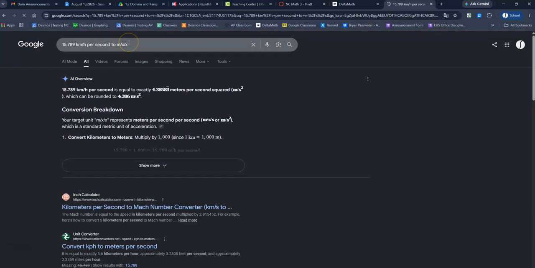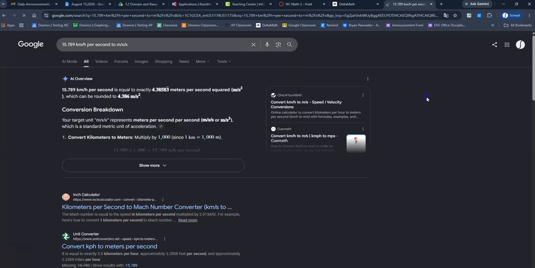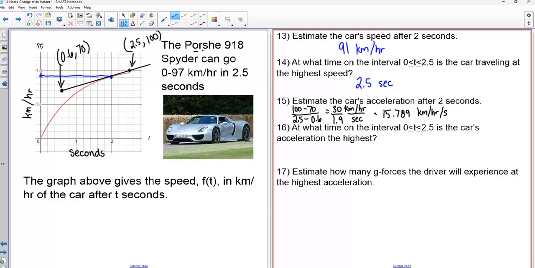Oh, I did that wrong. So we got, this is going to meters per second, 4.386 meters per second squared for that.